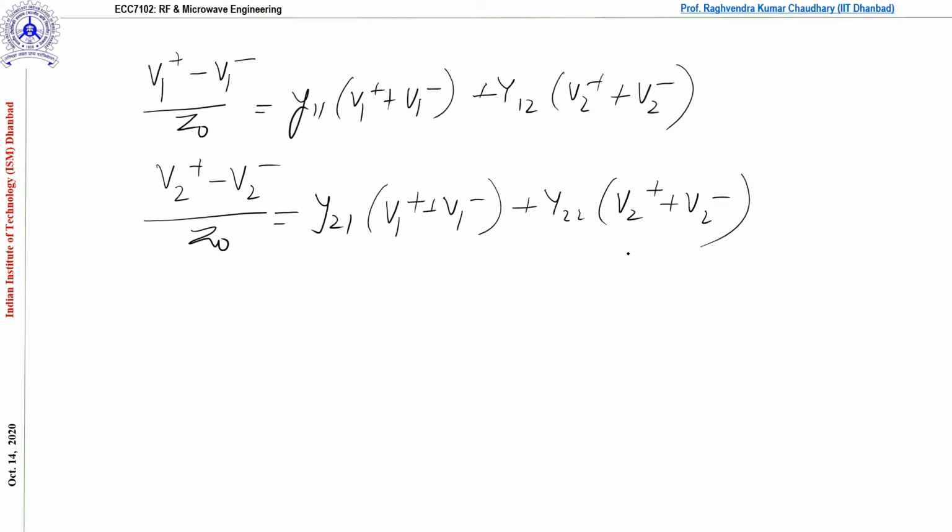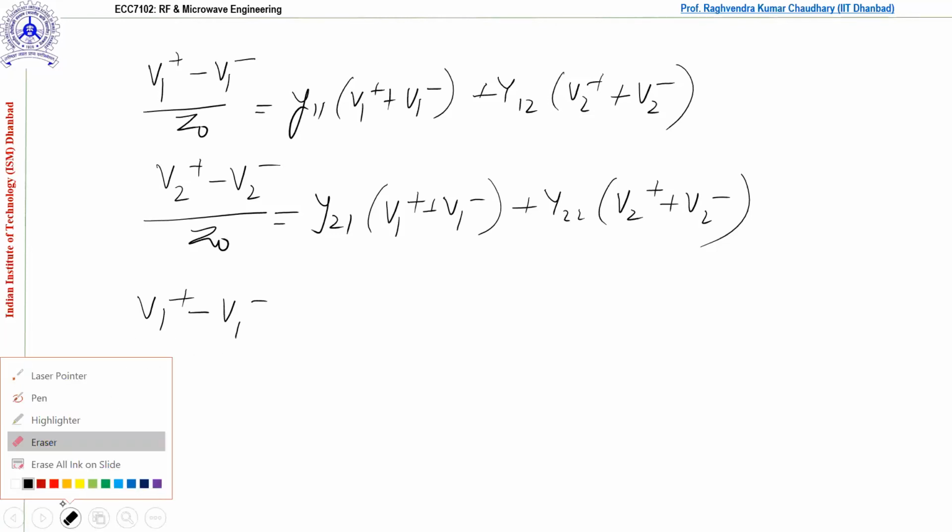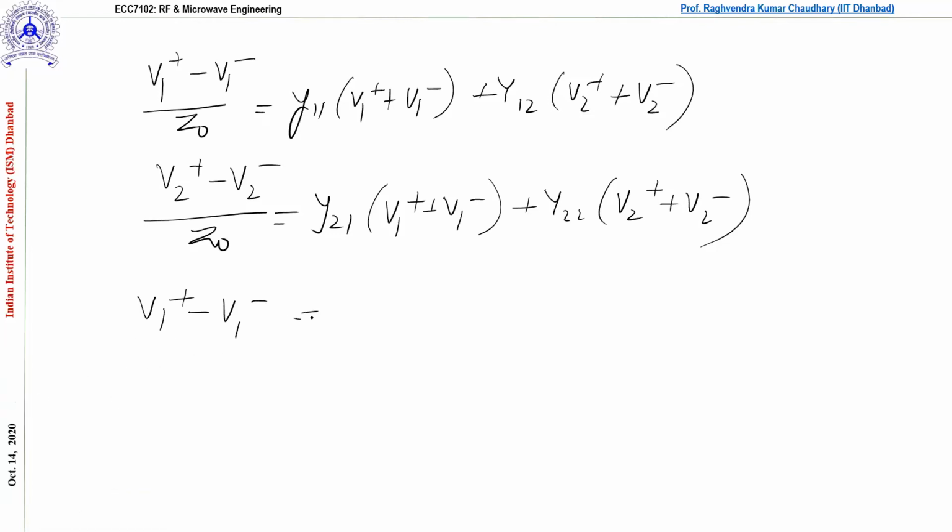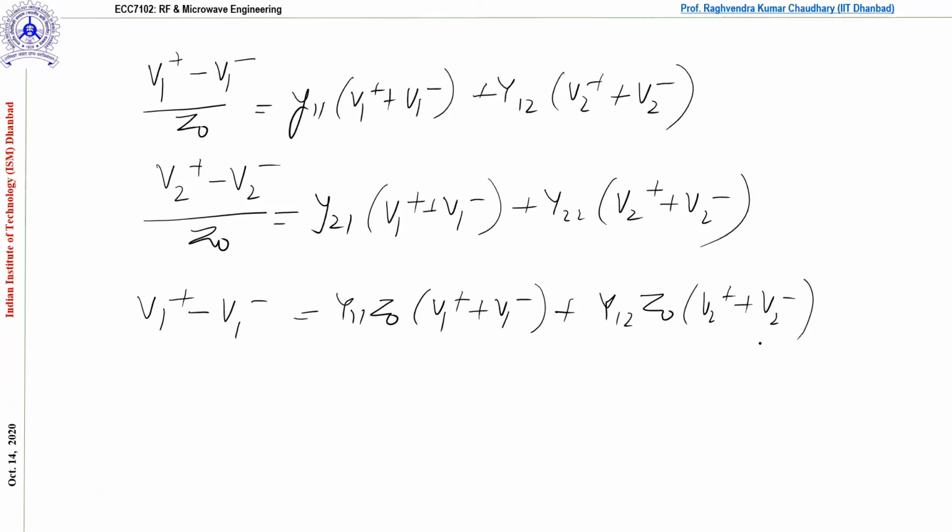Now let's rearrange. V1 plus minus V1 minus equals Y11 Z0 times V1 plus plus V1 minus, plus Y12 Z0 times V2 plus plus V2 minus.